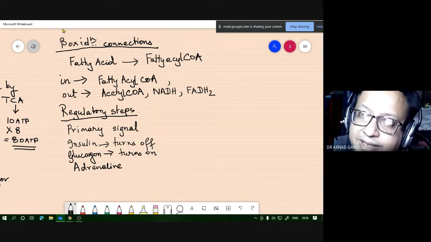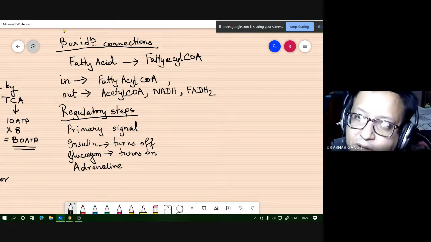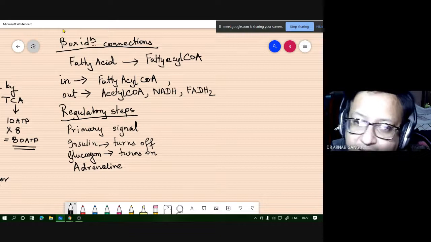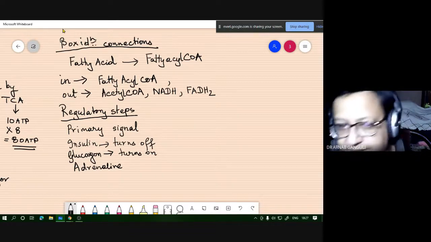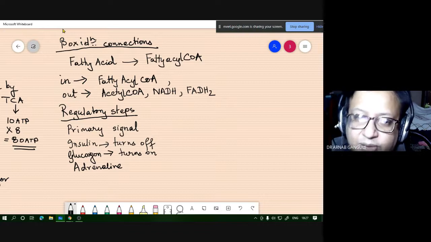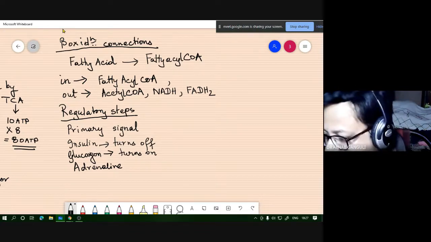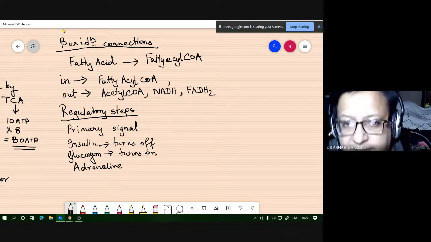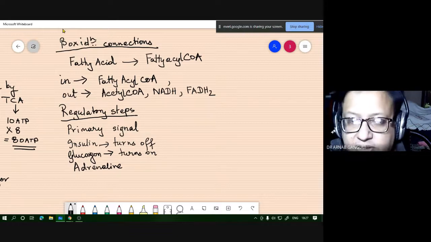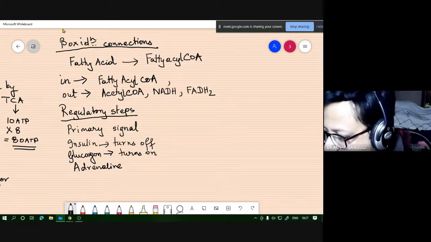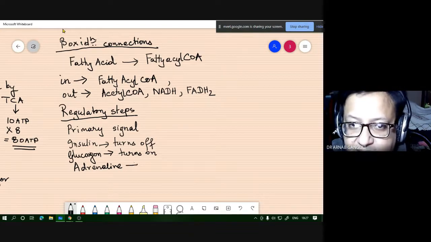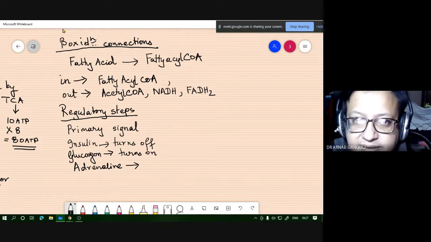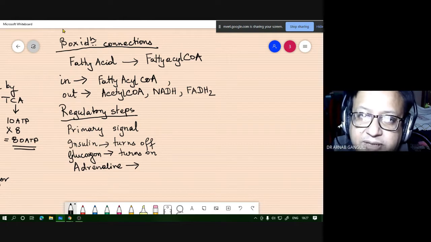So immediately, say for example, you are being chased by a bull and you have to run. You immediately need a lot of glucose and a lot of energy. So immediately what happens? Adrenaline needs lots of energy. So when there is adrenaline, immediately beta oxidation is turned on so that more energy is released. Function of beta oxidation, as you know, is energy.